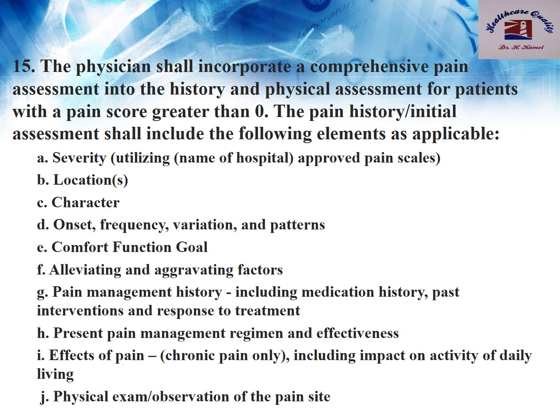The pain history and initial assessment shall include the following elements as applicable: severity, location, character, onset, frequency, variation and patterns, comfort function goal, alleviating and aggravating factors, pain management history including medication history, past interventions, and response to treatment, present pain management regimen and effectiveness, effects of pain including impact on activity of daily living for chronic pain only, physical exam and observation of the pain site.